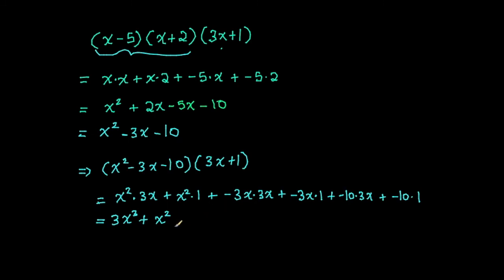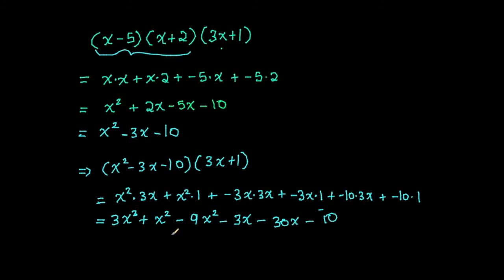Then plus minus becomes minus, and 3x times 3x is 3 times 3, which is 9, and x times x is x squared. Then minus 3x times 1 is just minus 3x. And then minus 10 times 3x is 30x, and finally minus 10 times 1 is just minus 10.